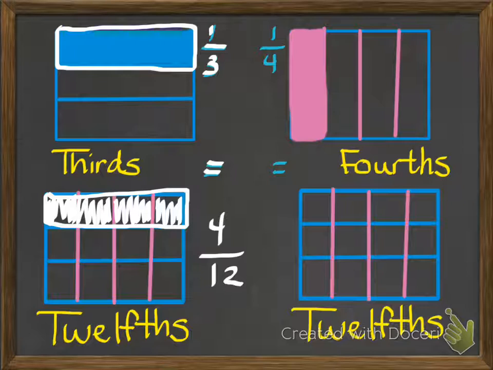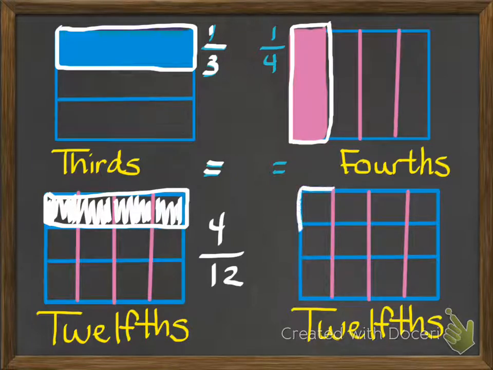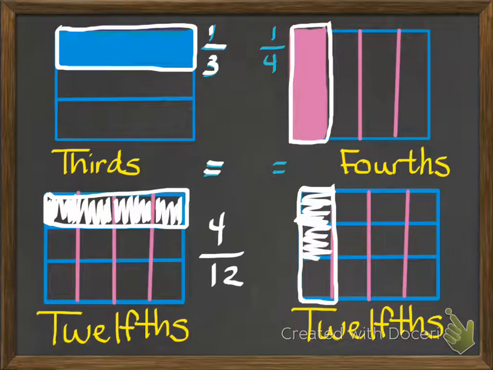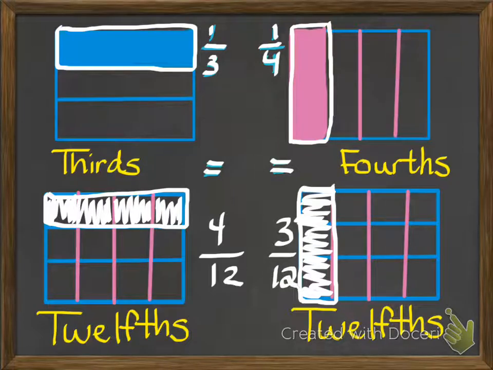It's equivalent. Over here on Melissa's, I have 1/4 colored in. I'm going to color in the exact same amount on the 12ths rectangle. And you can see I'm going to color in 1, 2, 3 sections. So now I know that 1/4 equals 3/12.